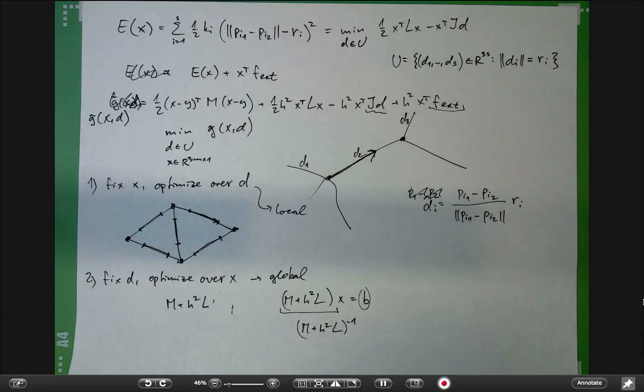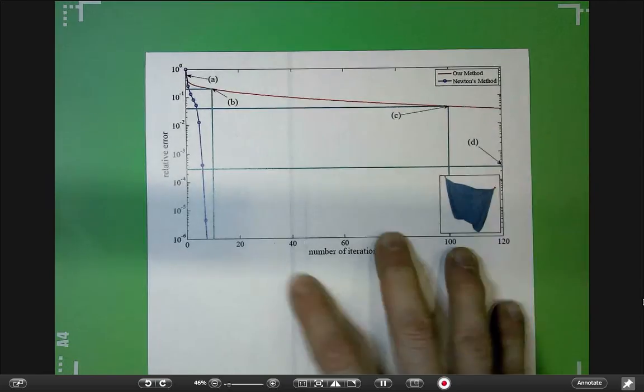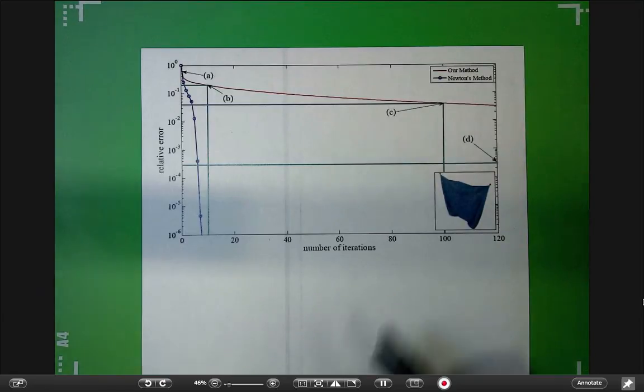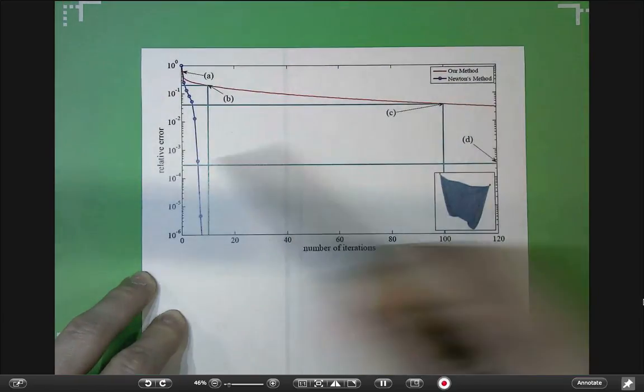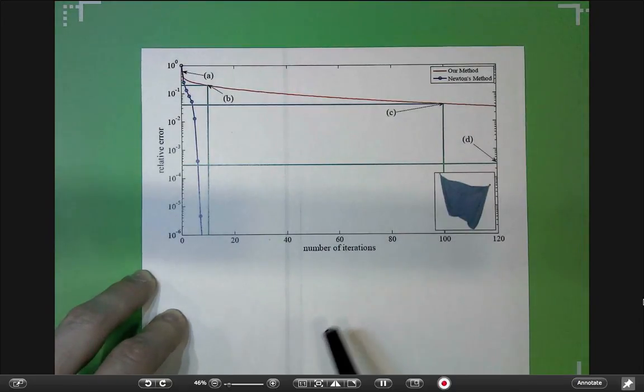And before I let you go, I will just show you real quick the results in terms of convergence speed. So how does this compare to Newton's method? So this is what we did, and here it looks like it compares absolutely terribly. So this is our method. This is how quickly it converges. This is the error, so the lower you are, the smaller the error.